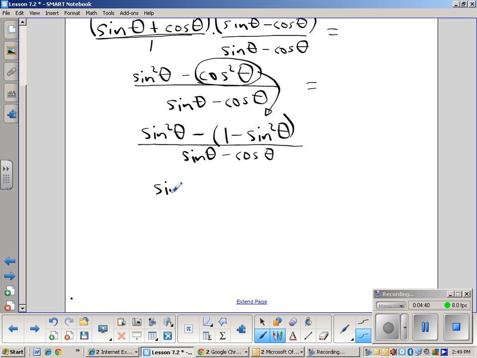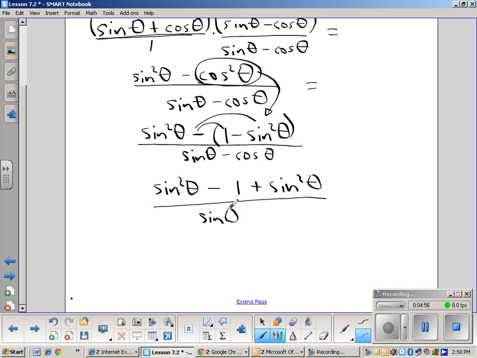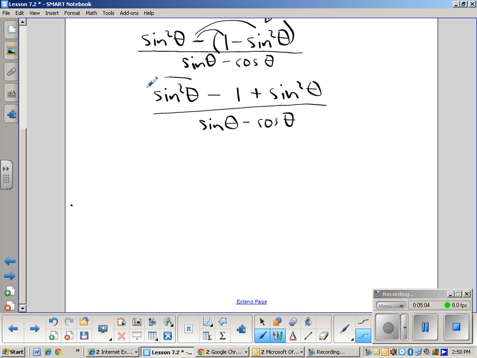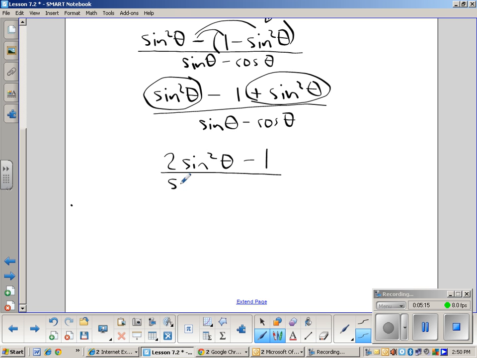I get sine squared theta minus 1 plus sine squared theta. Remember, if I distribute this, that minus sine squared turns into a plus sine squared, over sine theta minus cosine theta. And then I have a sine squared theta plus another sine squared theta, which gives me 2 sine squared theta minus 1 over sine theta minus cosine theta.